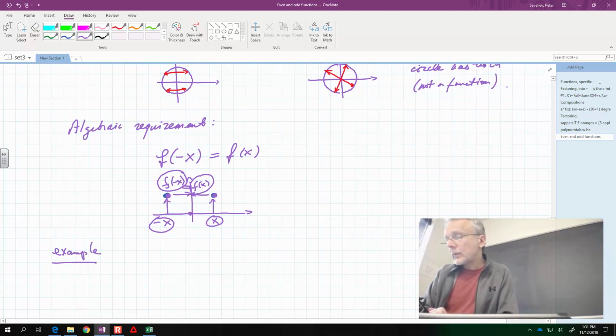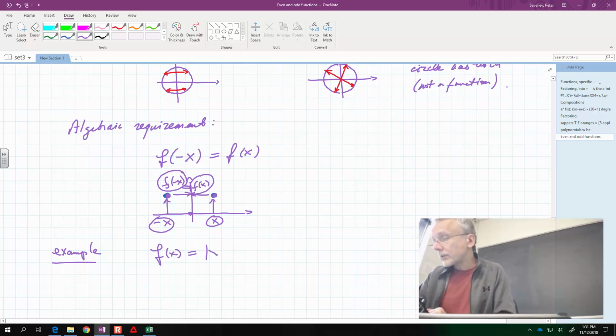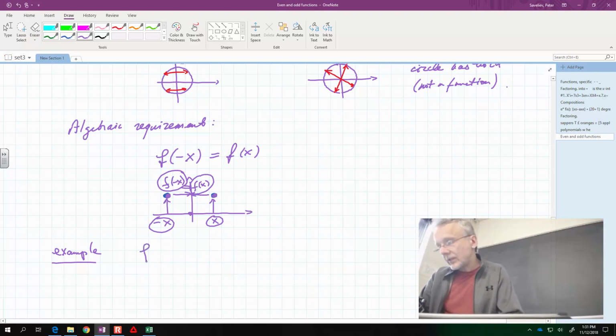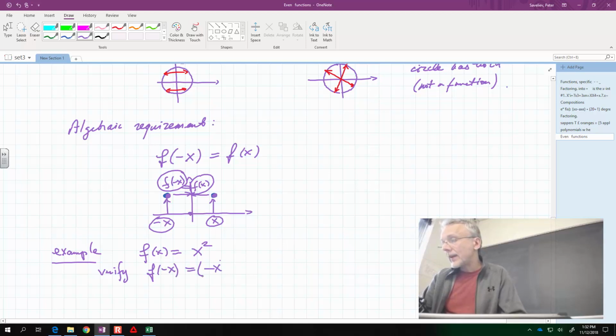A very important one, and that's the absolute value. f of x is equal to absolute value of x. Let me put it aside for a moment and quickly confirm that x squared satisfies this, the simplest example where everything comes from. So I plug negative x into my formula. f of negative x is equal to negative x squared, which is equal to x squared.